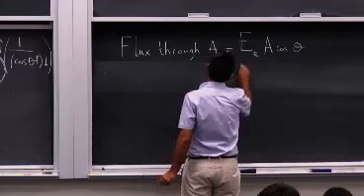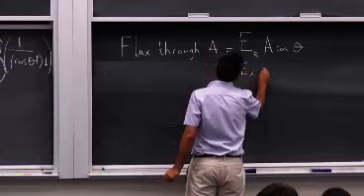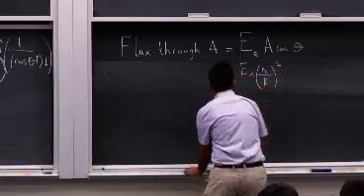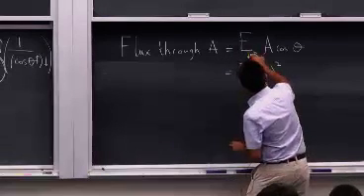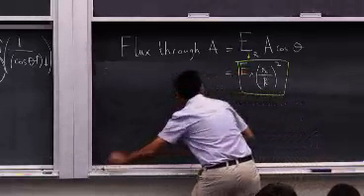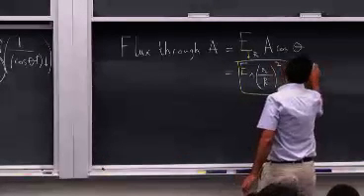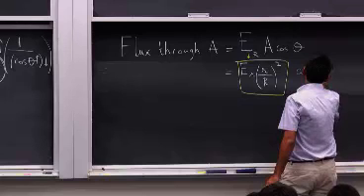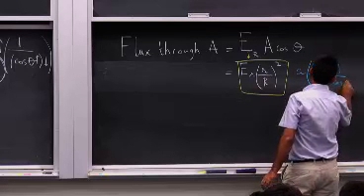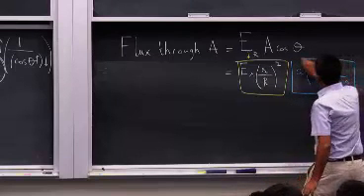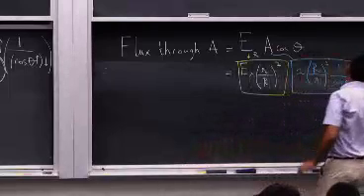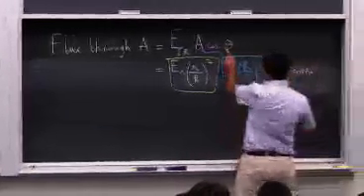This equals E(r) small r times R over capital R squared, coming from here, multiplied by small a times capital R over small r squared times 1 over cosine theta, coming from this capital A, and finally a cosine theta, which is due to the definition of the flux.